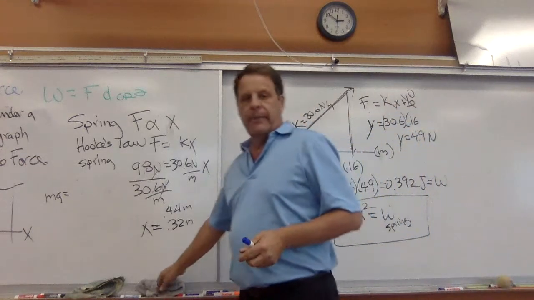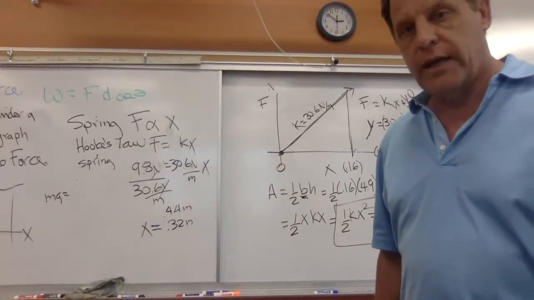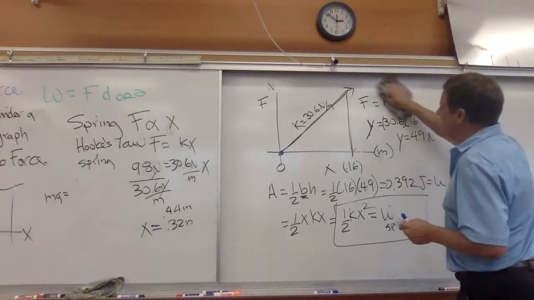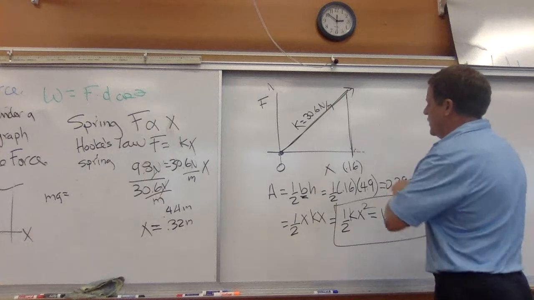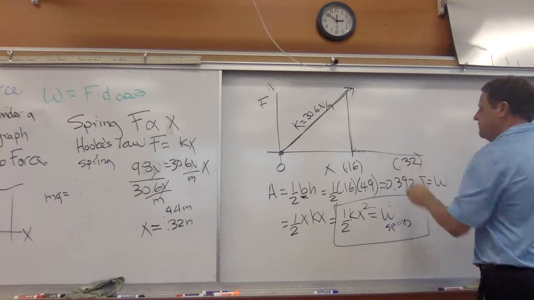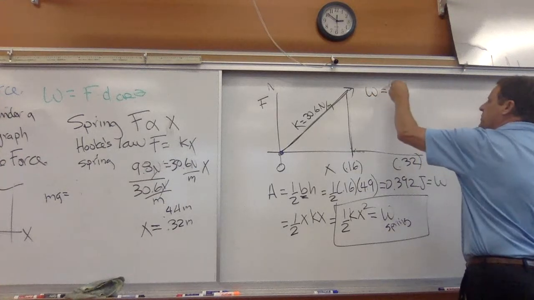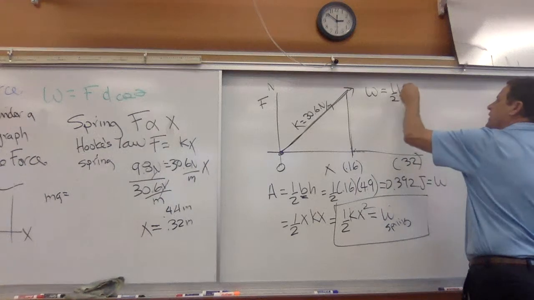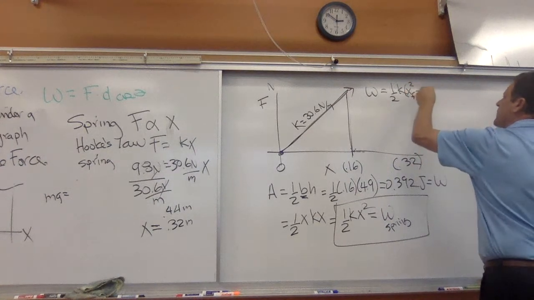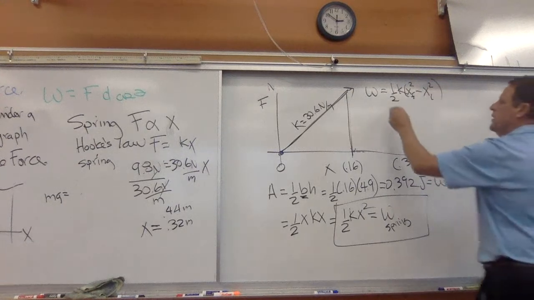Now, let's talk about, hey, how much extra work did it take to go from 0.16 to 0.32? Okay, so the work is going to be equal to 1/2 k times x squared final minus x squared initial.